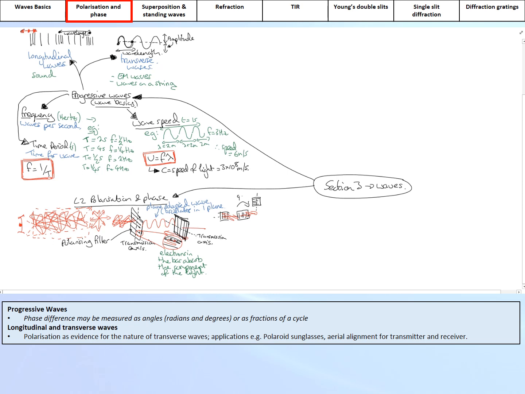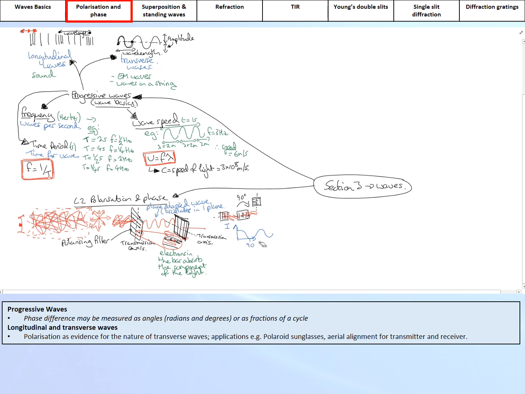until 90 degrees, then what would happen to the intensity of the light if we drew that on a graph? It would start off at some maximum, and it would drop down to a minimum, like that. And then it would gradually rise up again, like so. So this is angle, that's 90.